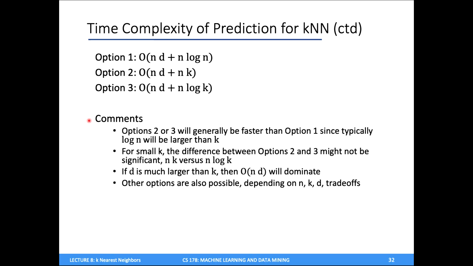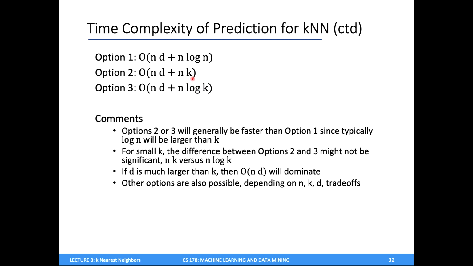Okay, some brief comments here: which of these options should you actually choose in practice? Option 1 is definitely the easiest one, and for small data sets, where n is small, option 1 is totally fine. Options 2 and 3, comparing this heap data structure to the other way of searching for the k smallest distances, might not be all that significant.